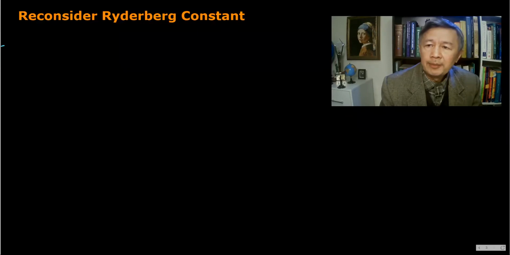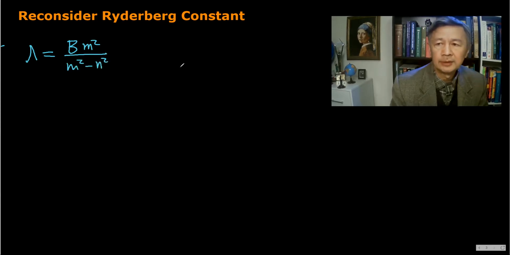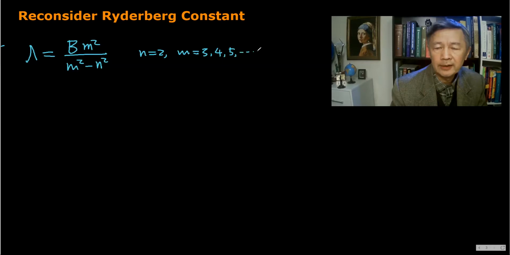We know that Balmer's formula can be written as lambda equal to, now I use a constant B, multiplied by m squared divided by m squared minus n squared. So this is Balmer's formula, where n equals 2, and m are the integers 3, 4, 5, and so on.